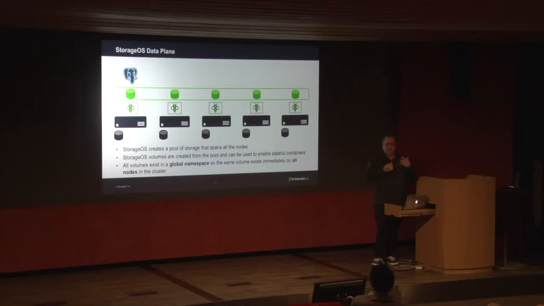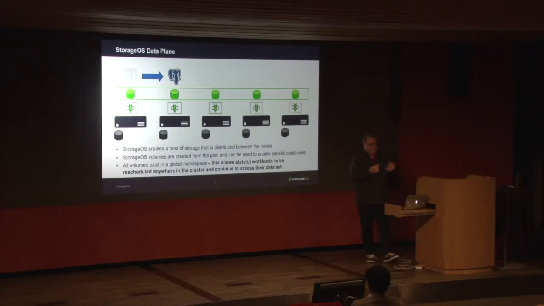You no longer have to worry about attach and detach times, which, as Jared mentioned previously, is really the bane of a lot of high availability problems. So now your orchestrator can effectively move your stateful workloads to any other nodes in the cluster, and it continues to access the disk just as if it was a local volume.